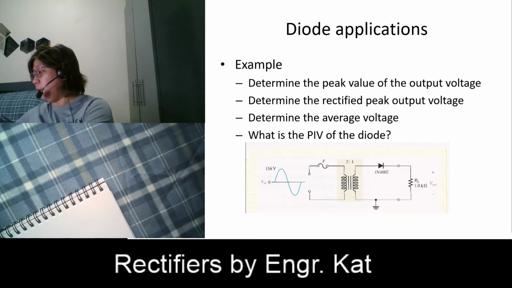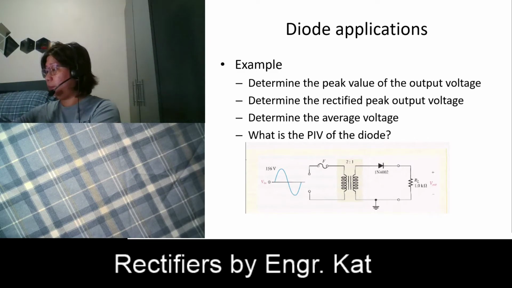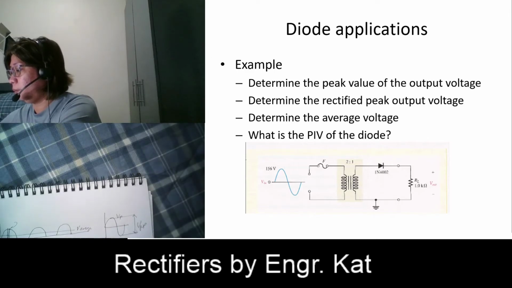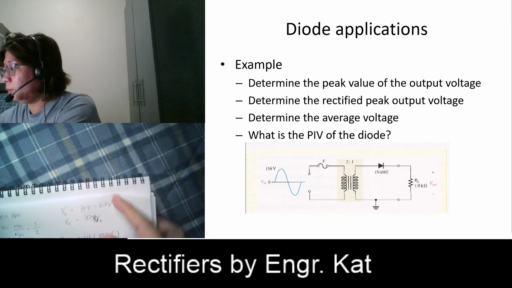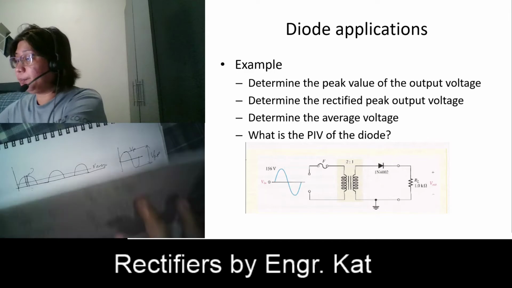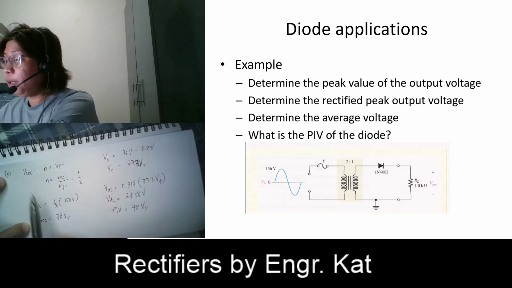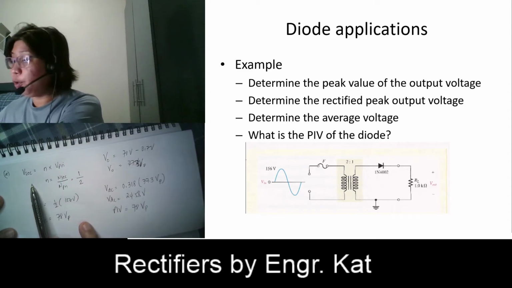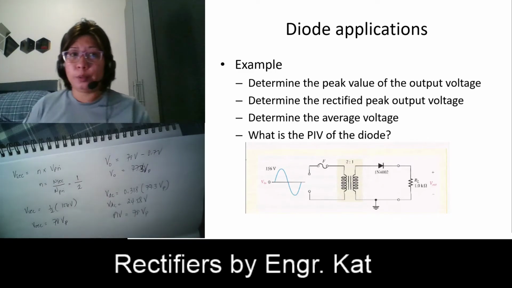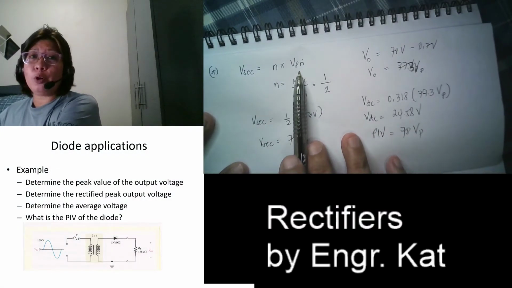Applying the formula now, okay, applying the formula, we have here your secondary voltage is equivalent to N multiplied by your primary voltage.